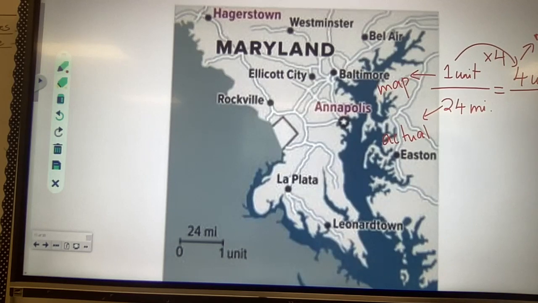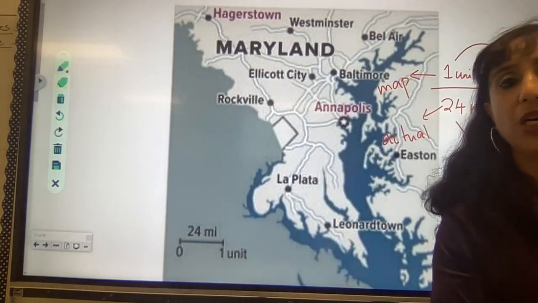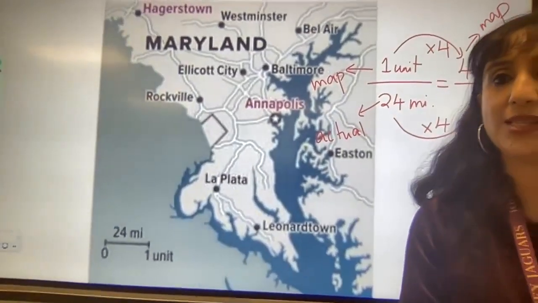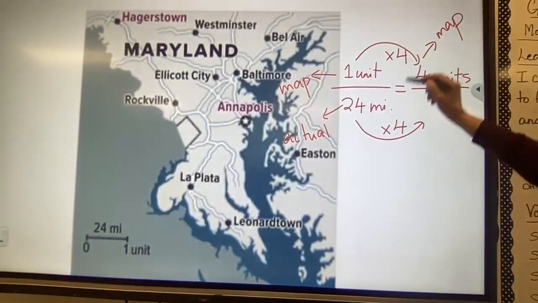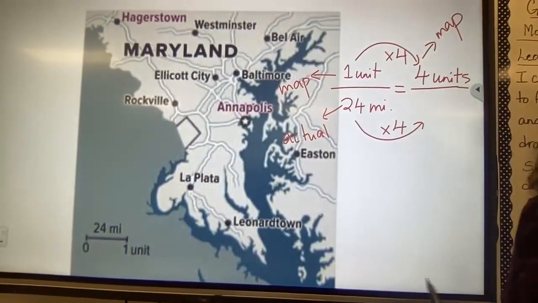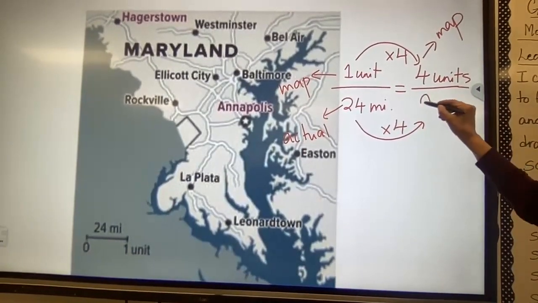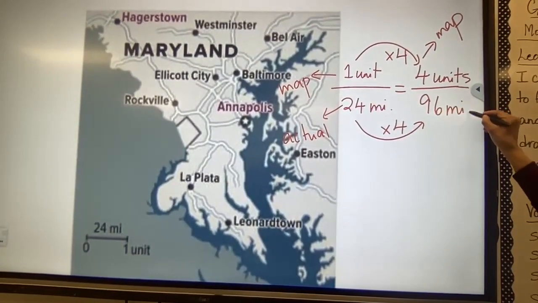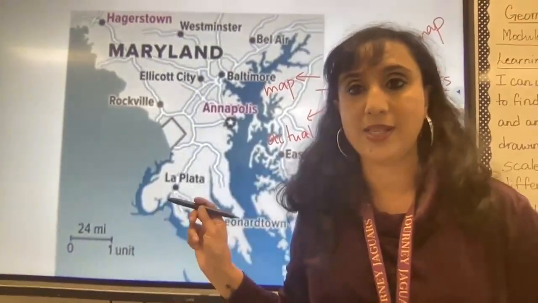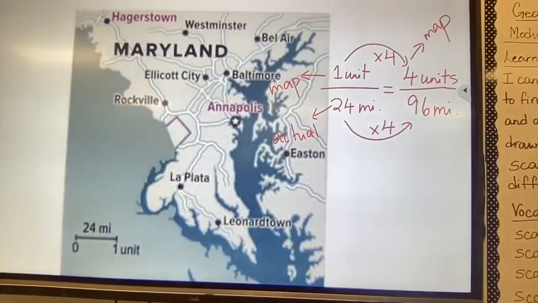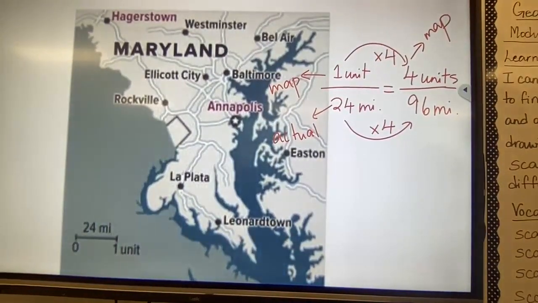And so if 1 times 4 gives me 4, then 24 times 4, because again, whatever I do to the numerator, I have got to do exactly the same thing to the denominator. So if that is times 4, I have got to multiply the denominator by 4 also. And I get 96 miles is that distance from Hagerstown to Annapolis. And that's how we calculate the actual distance using a scale drawing.